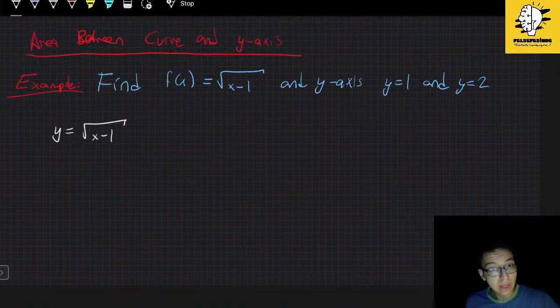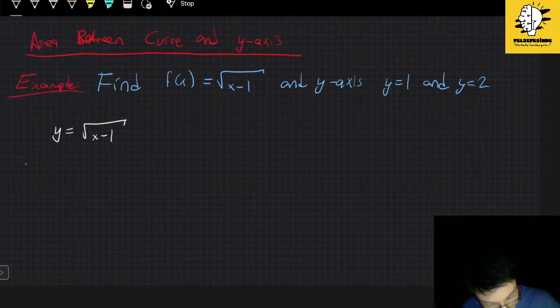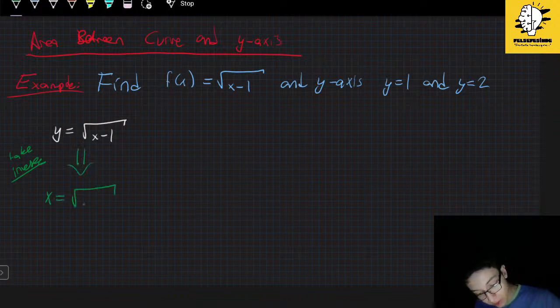Let's see how. I'm now trying to leave y as the only element on one side. So we will take the inverse. While taking the inverse, we switch y with x and x with y. So I will write x is equal to root y minus 1.